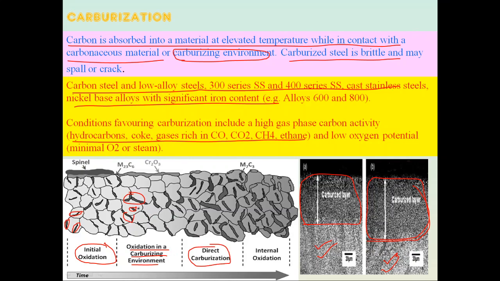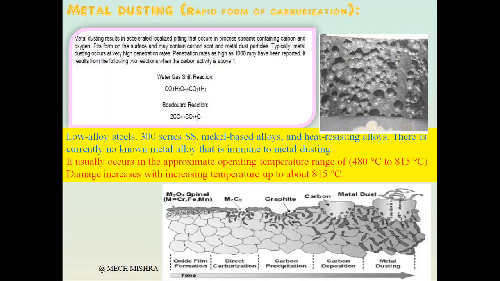Here first oxides get formed, now direct carburization is forming, and here you can see the carbon is now increasing, and internal oxidation has increased further, and the metal becomes highly carburized. So as time goes on, with the higher temperature exposure, carburization will happen in a carburizing environment. So this is basic carburization.